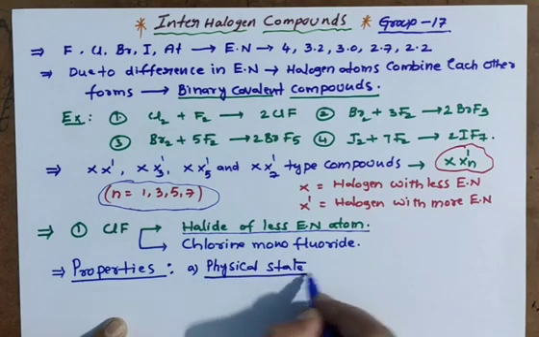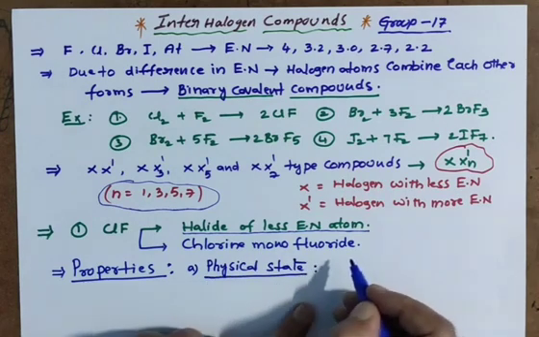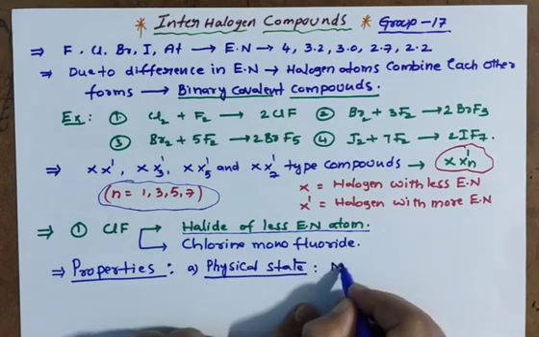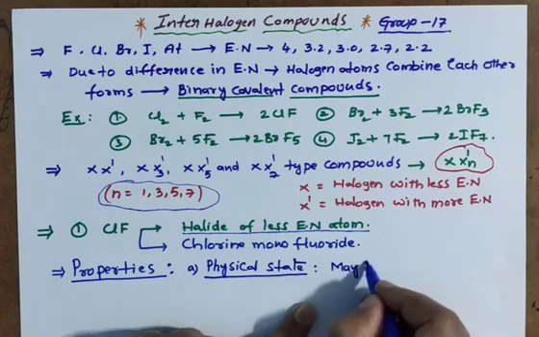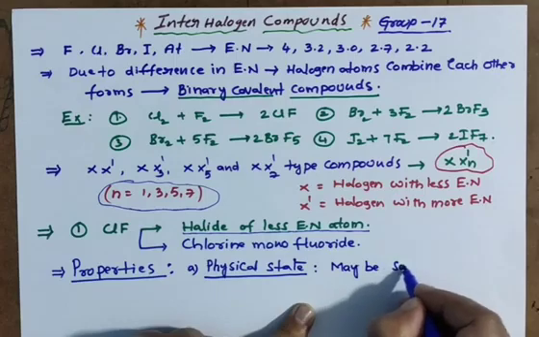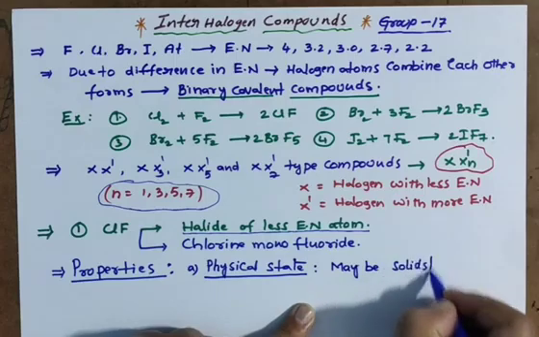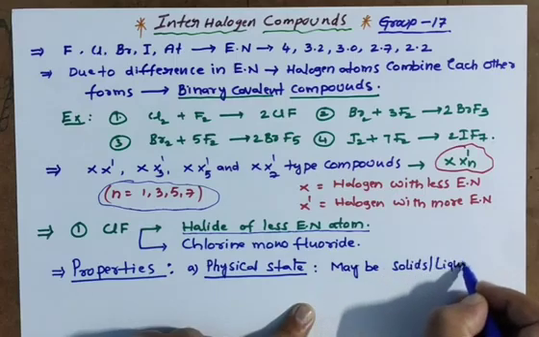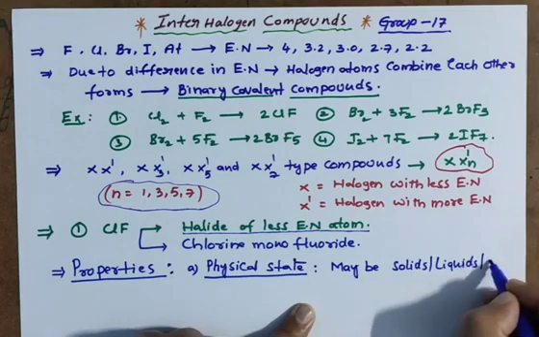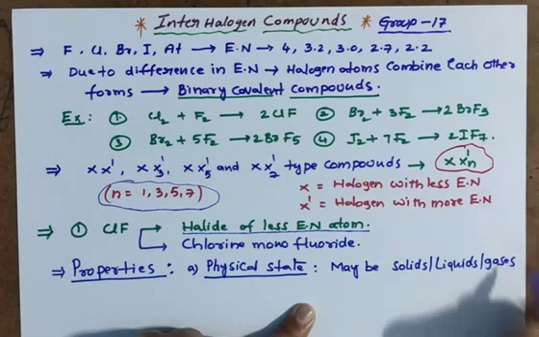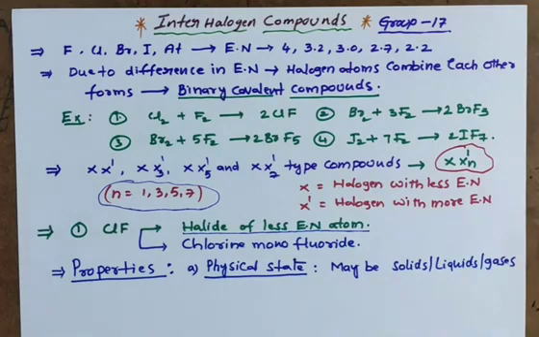What type of physical state are these? Interhalogen compounds may be solids, liquids or gases, meaning they exist in all three forms.